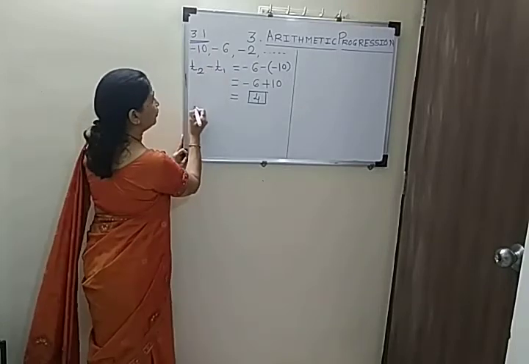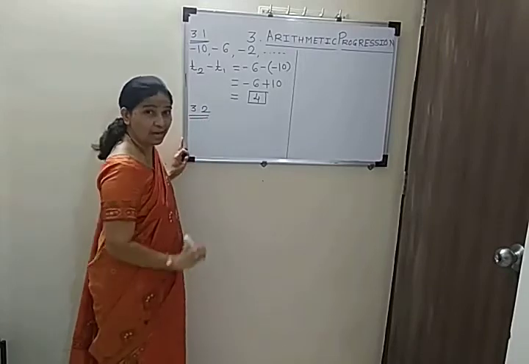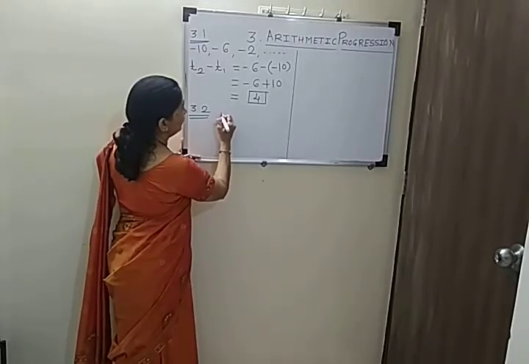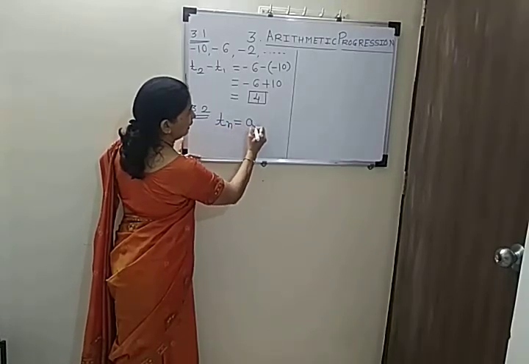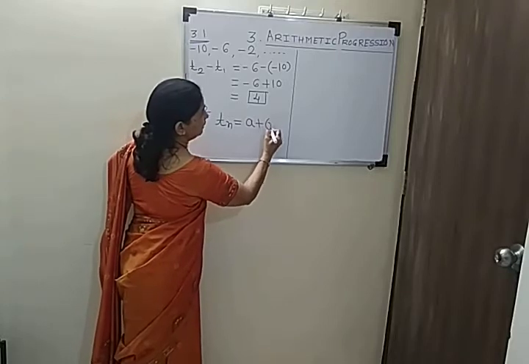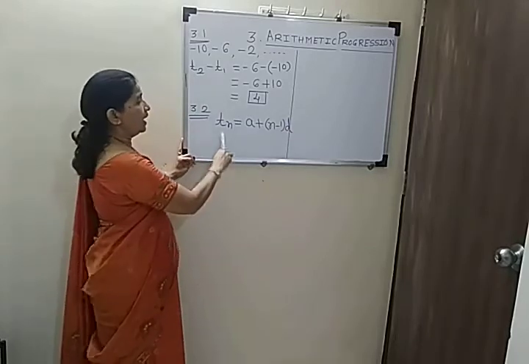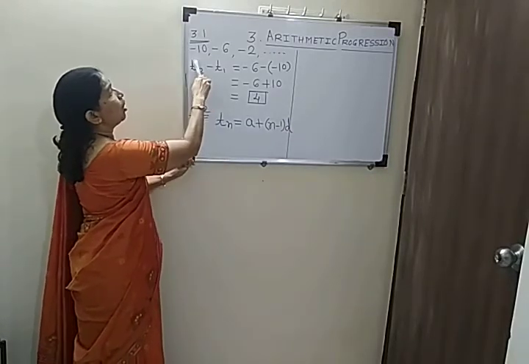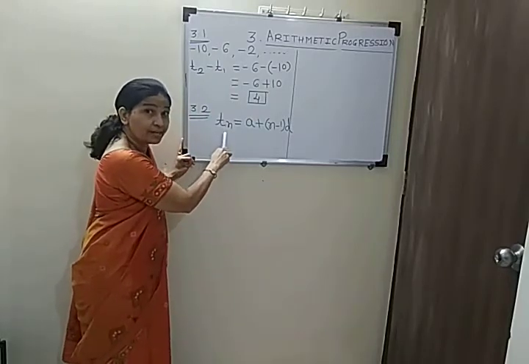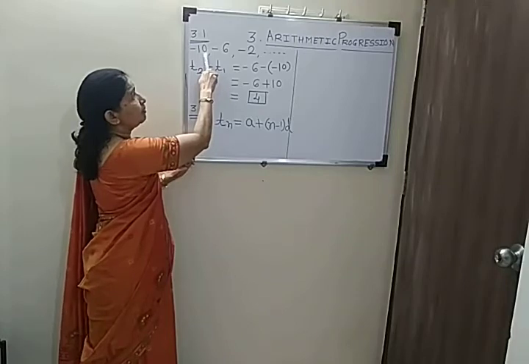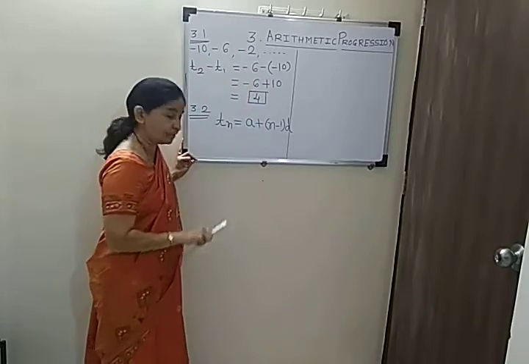In 3.2, we learn the formula. It was Tn is equal to A plus n minus 1 into D, where T stands for term, n stands for its number, like first number T1, second number T2, third number T3.